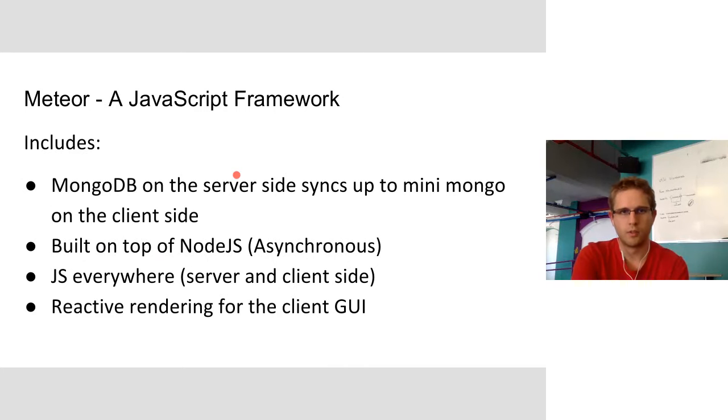Let's talk about the framework Meteor and why we chose it. Actually, this part of the presentation was meant to be presented by Maxim, but he's currently not in the meeting. So why did we pick Meteor?